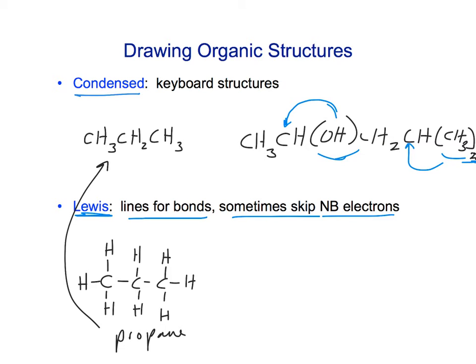If we wanted to draw the molecule up on the upper right, it's going to take us a little more time. We see that that carbon right there has a H and an OH attached.